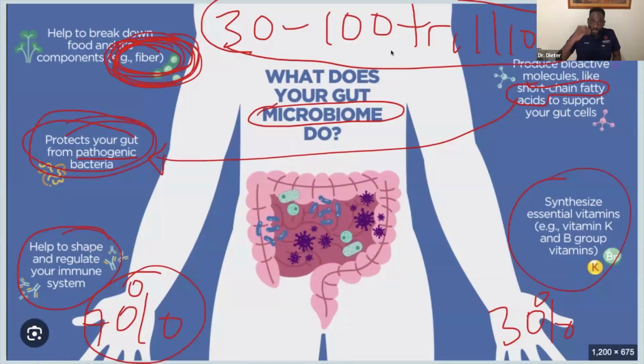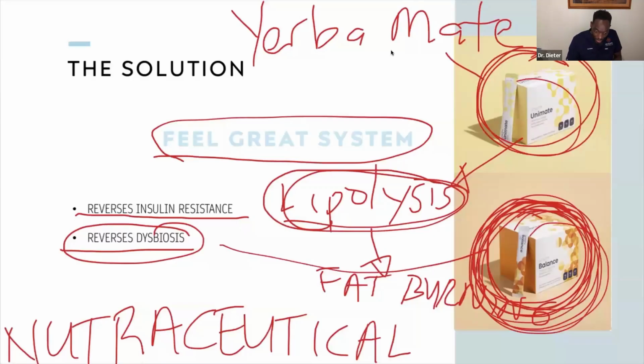And the nutrients, the food for the microbiome, is fiber. So because the product is loaded with fiber, it helps to feed the microbiome and restore the health of the microbiome, reversing microbiome imbalance or microbiome dysfunction, dysbiosis.